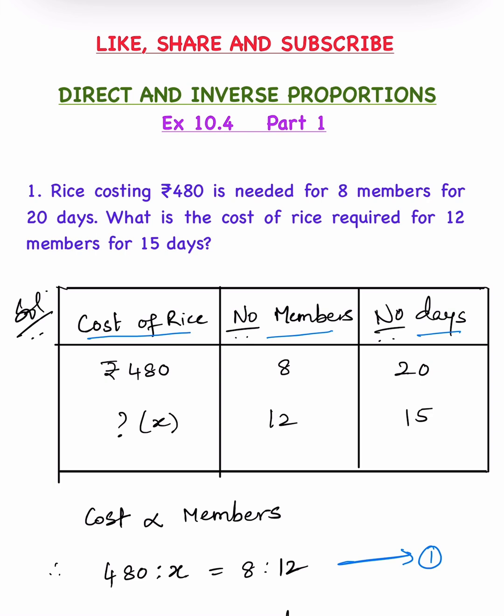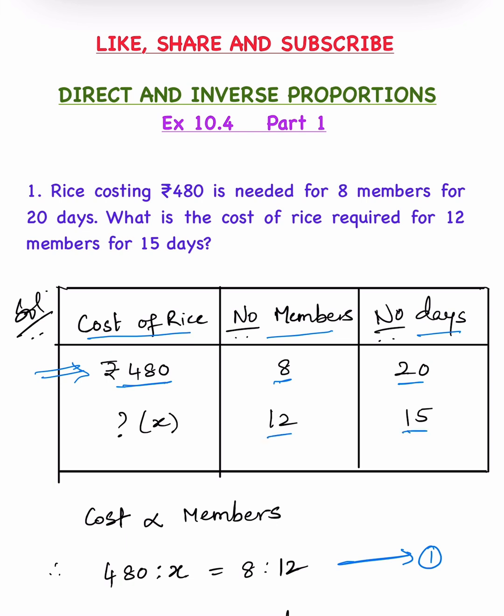In the first case, 480 rupees of rice is needed for 8 members for 20 days. How much is the cost of rice required for 12 members for 15 days?